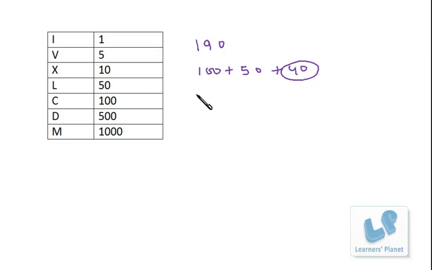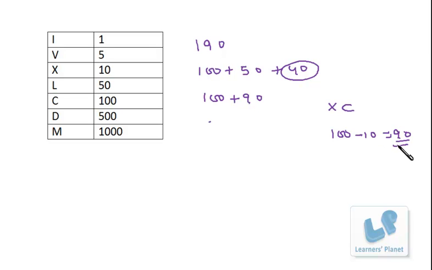So I need to have alternative methods. What I do is, I will write 100 plus 90. Okay, now how do I write 90? If I write X before C, what will it represent? It will represent 100 minus 10, that is 90.